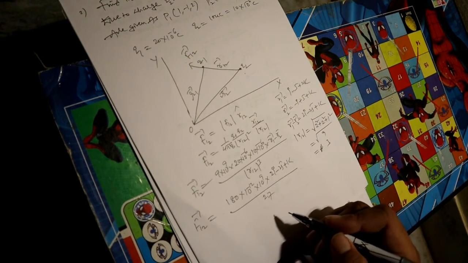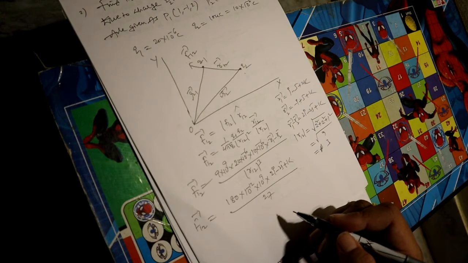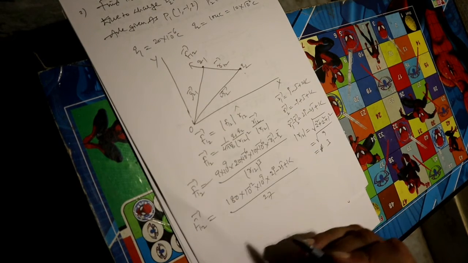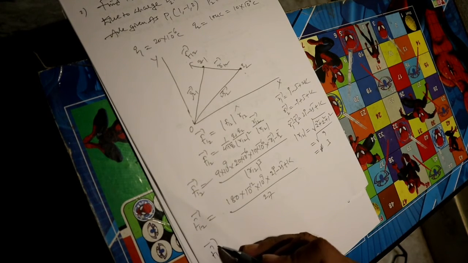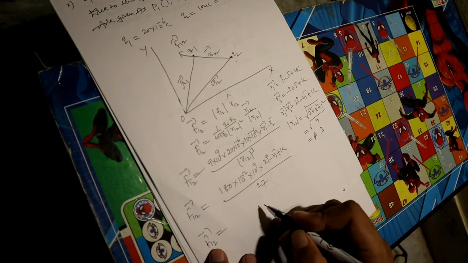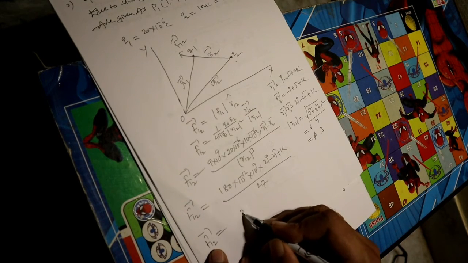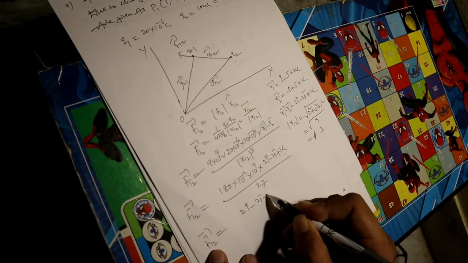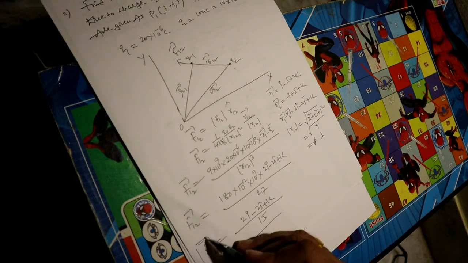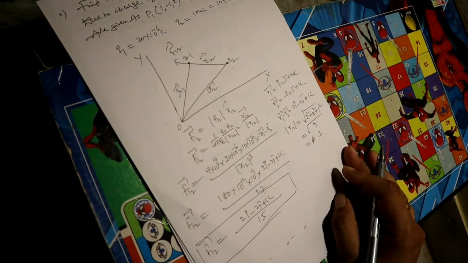By doing these calculations, we get F12 bar is equal to 2i minus 2j plus k divided by 15. This is the answer.